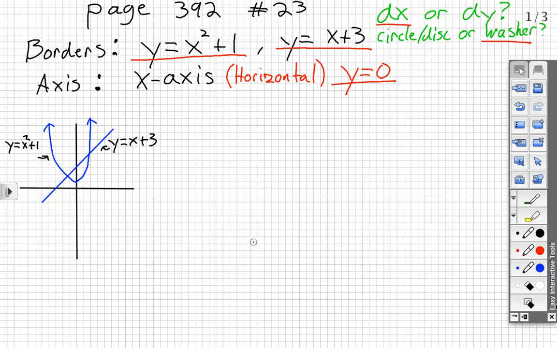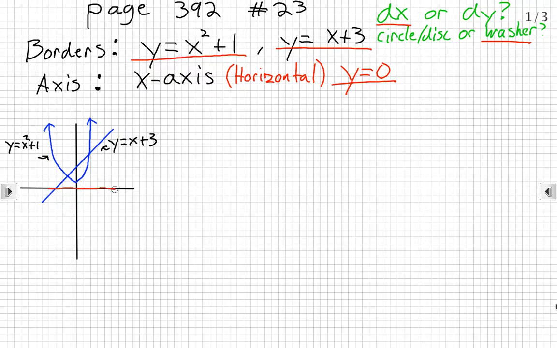The other key thing we need to identify in a washer problem is the outer function and the inner function. Our axis of revolution is right here. And if we are looking at the region that's enclosed or bounded by these curves, it should be clear to us that x squared plus 1 is closer to the line, so we dub it our inner function.